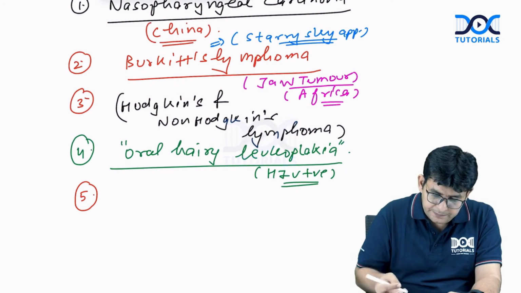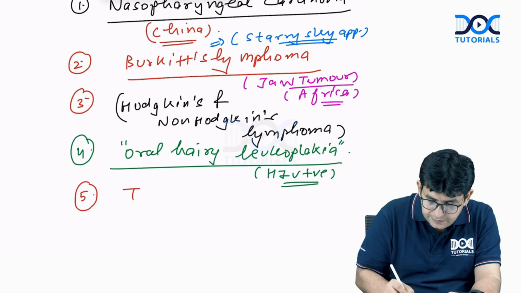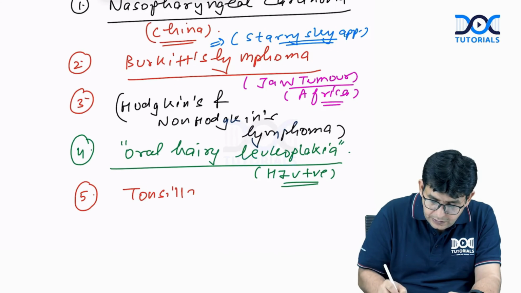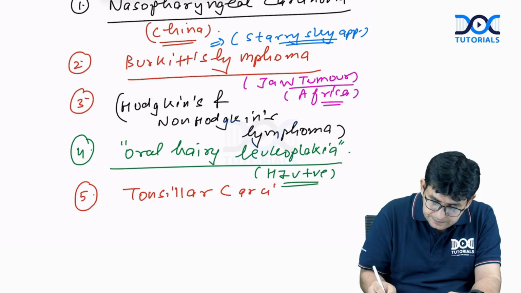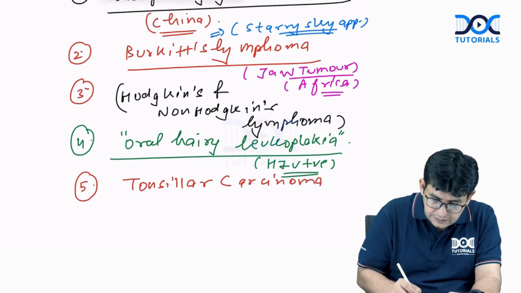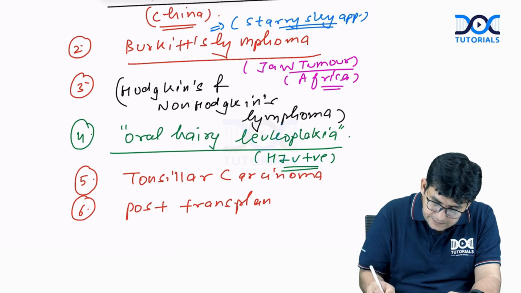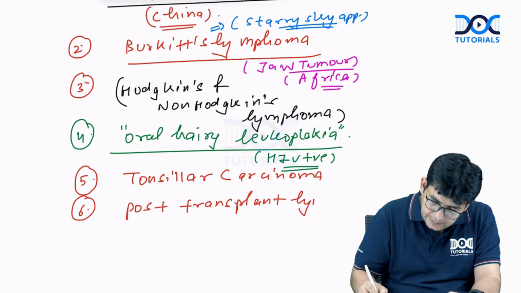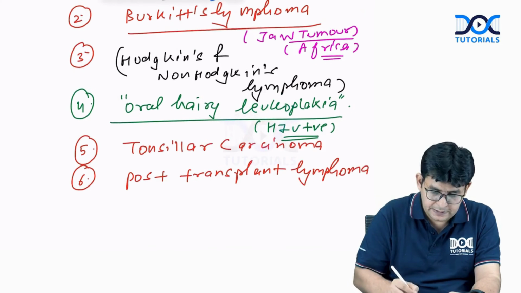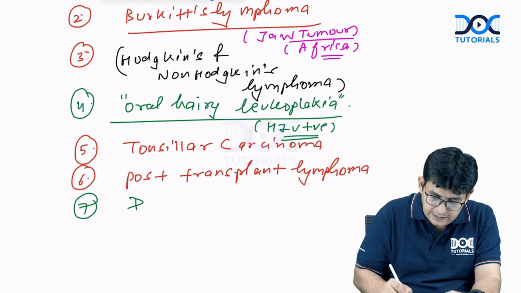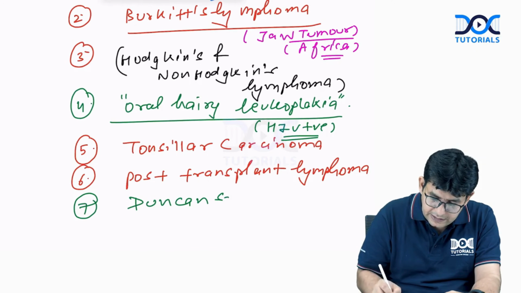Another important thing. This virus is associated even with tonsillar carcinoma. Okay. Post transplant lymphomas are also associated with Epstein-Barr virus. This virus is associated with Duncan syndrome.